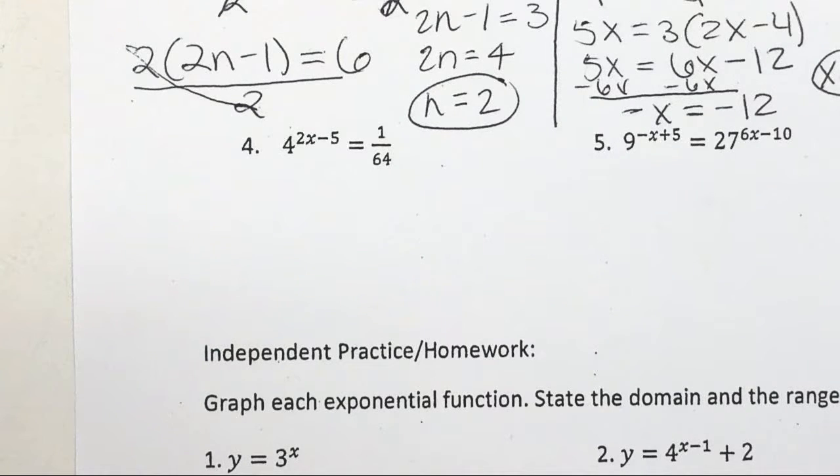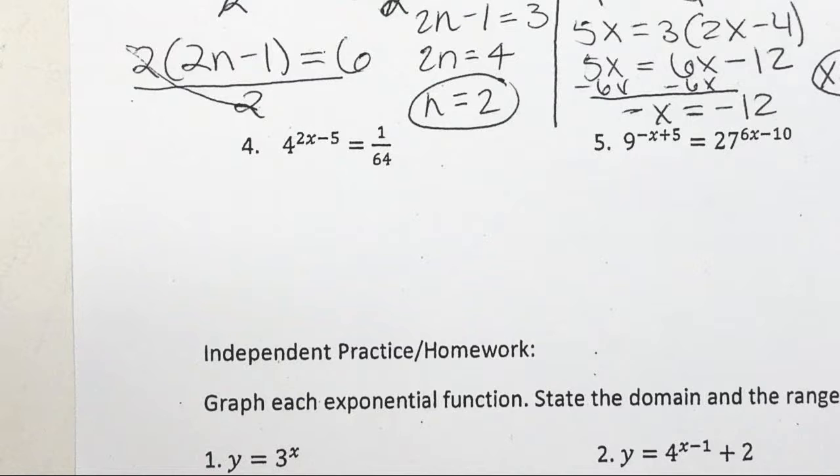Do we have to get it back to the negative exponent? Yes, you do. So, for example, don't write this part down, but just imagine it's 1 over 64, and the base is 4. Can we raise 4 to any power to get 64? Yes.